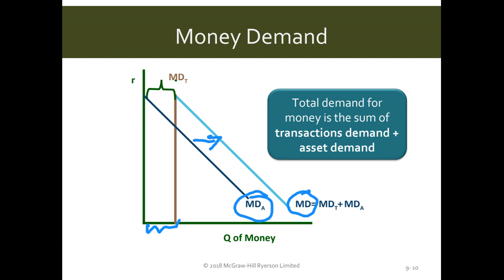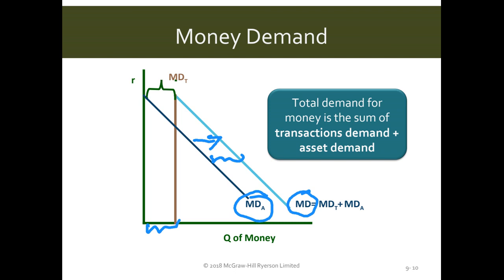So the gap between asset demand and total demand, that is the gap between these two, will always be equal to transaction demand for money.